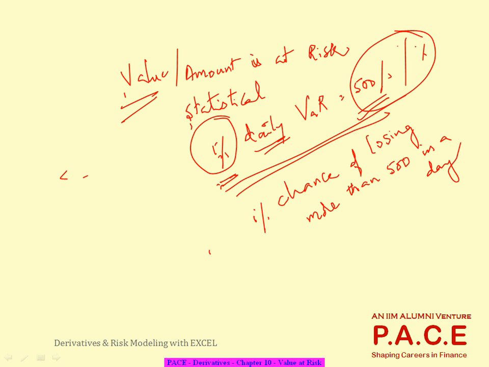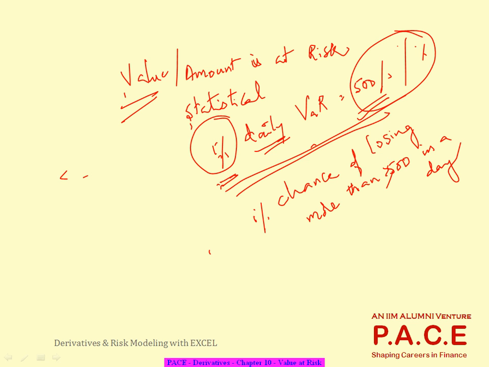More or 500 or more, greater than or equal to 500 in a single day. So 99% of the times my daily loss will be less than 500 itself. Daily loss means it could be a gain also. The loss value will be less than 500.